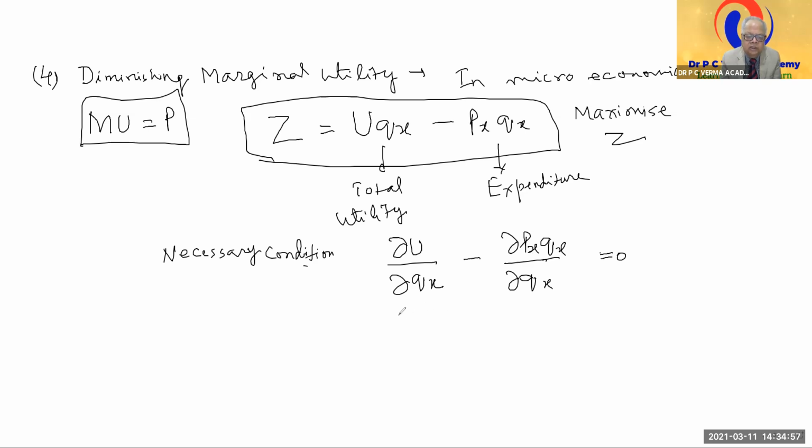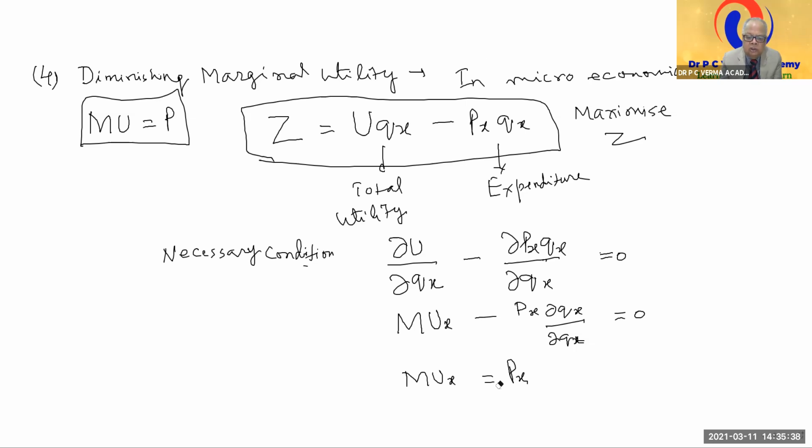This del U by del QX is the marginal utility of X. And here PX is constant, so it will be outside, and then this will be del QX by del QX, is equal to 0. Then marginal utility of X is equal to price of X.